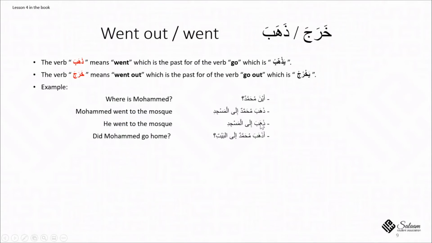He went to the mosque. And as you can see, we are using here this preposition ila, which is to, as we discussed. And you can see the noun after the preposition becoming majroor, genitive, which has kasra at the end. ذهب محمد إلى البيت. Now there is a note here that we got rid of the noun if it's a subject, so you can get rid of it.